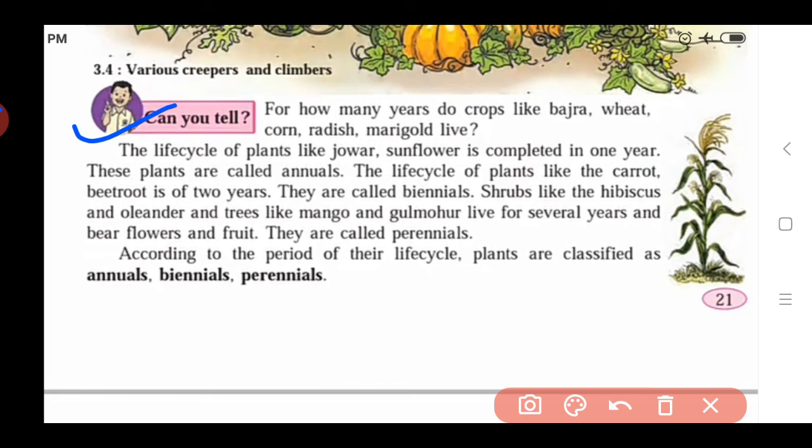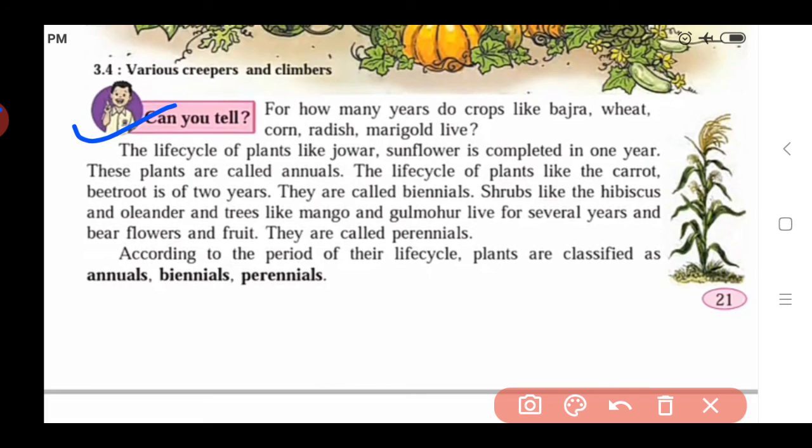Such plants are called annual. Okay, these plants are annual plants. And the other plants like carrot and beetroot, these plants have a life cycle of 2 years. Okay, so these plants are called biennials. Means plants having a 2-year life cycle, such plants we call biennial plants.